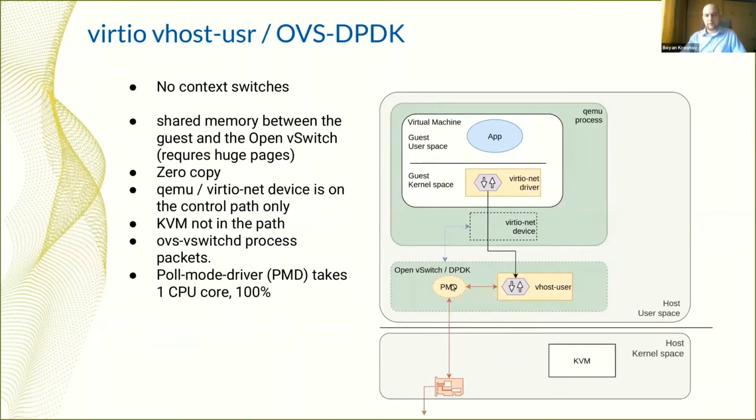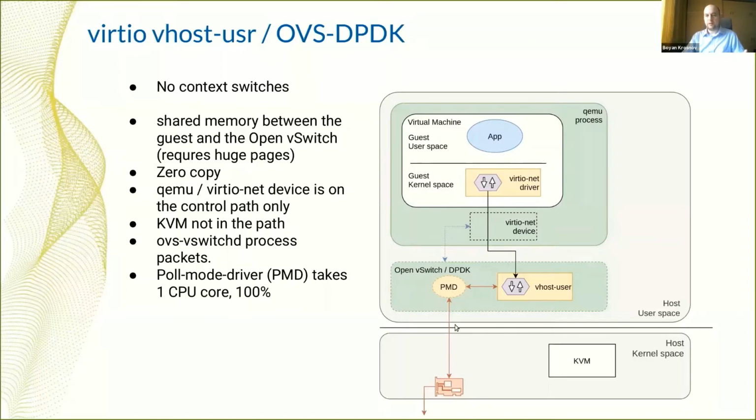The next alternative is vhost-user, and that gives you the virtual machine communicating over shared memory with another process, a user space process in the host. That user space process may be Open vSwitch DPDK, and this gives you kernel bypass, because Open vSwitch DPDK communicates directly with the network interface card.